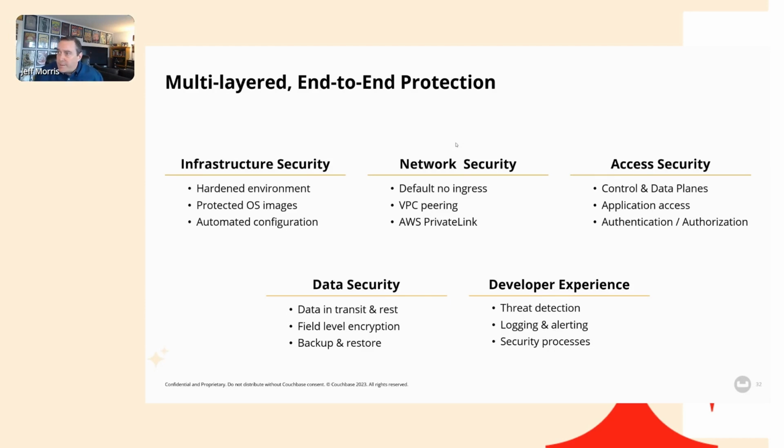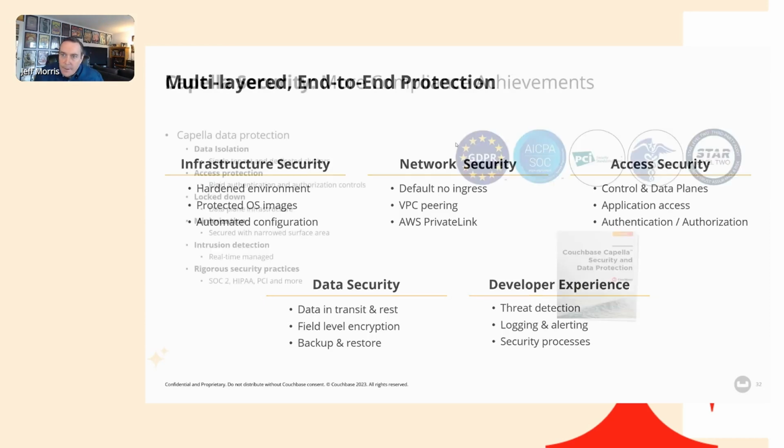You're worried about access controls and authentication controls. You're worrying about data encryption, whether it's in transit, field level encryption, backup level encryption, those kind of things. And are you monitoring for active threats in the environment and looking for those things? Those are all the different layers that are supported inside of Capella right now.